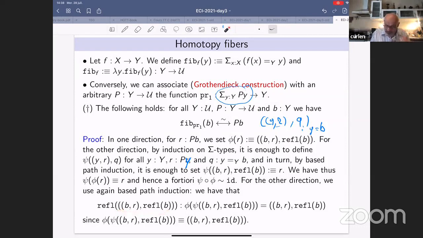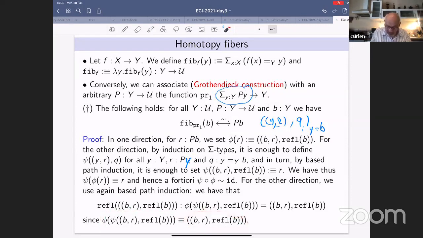But this is easy because phi of psi, again for the very same reasons, by the definition, if I take psi of this guy, this is r. If I take phi of r, this is this guy. So this guy here is definitionally equal to (b, r, ref b).